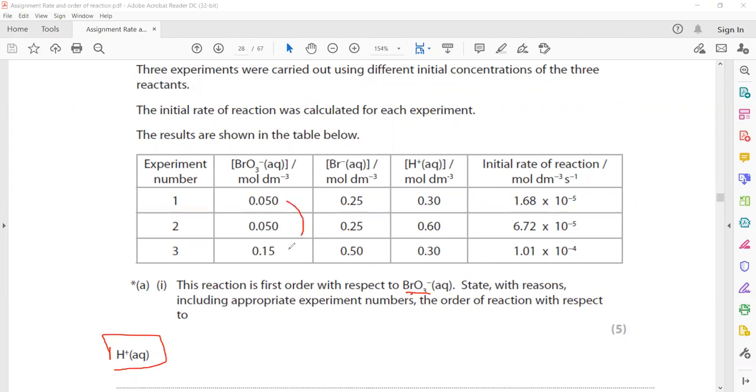So if this is 3 times, the rate will be multiplied by 3, because as I mentioned, it is first order with respect to BrO3. So 1.68 exponent minus 5 multiplied by 3 will be 5.04.